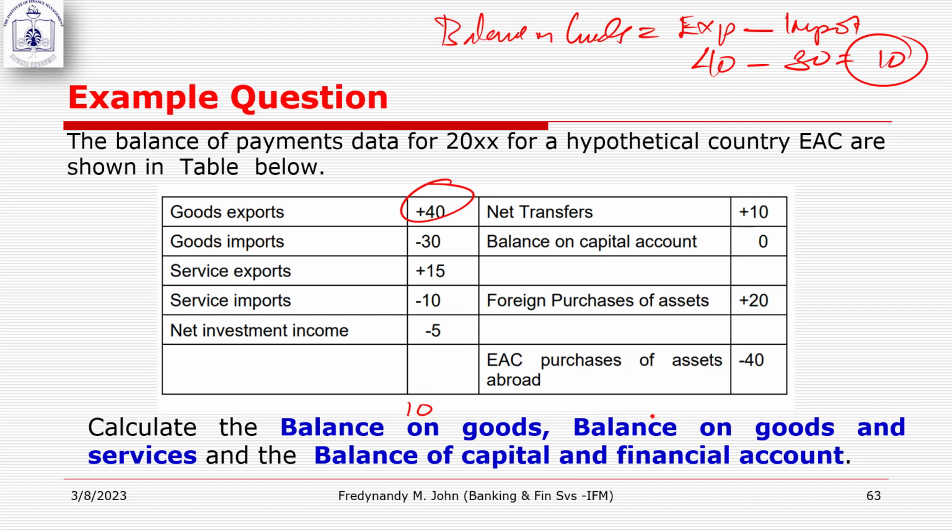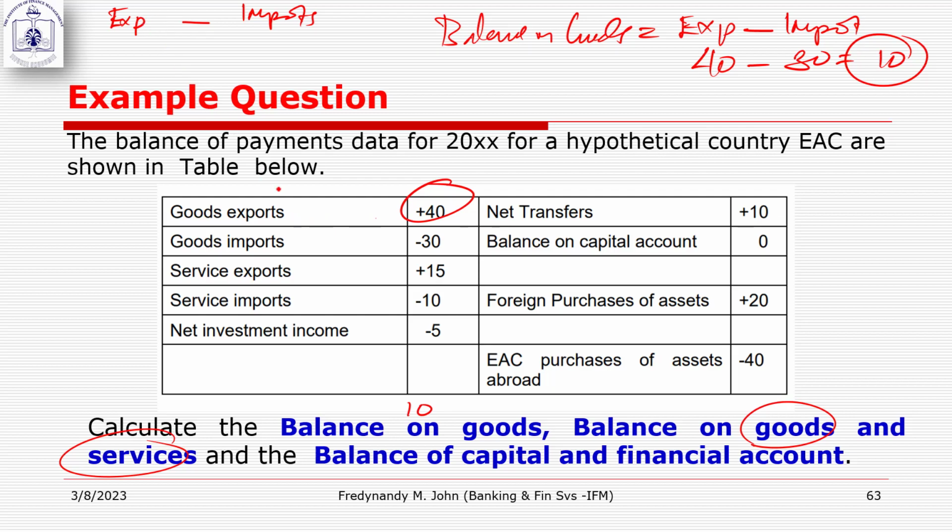And what about balance on goods and services? Now, balance on goods and services is kind of balance of trade. So you need to sum all exports, then you subtract all imports. Since it says balance on goods and services, sum the exports of goods and services.